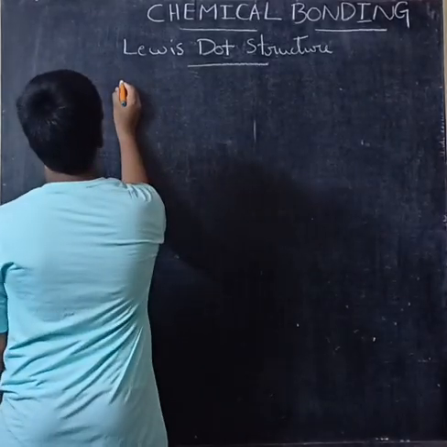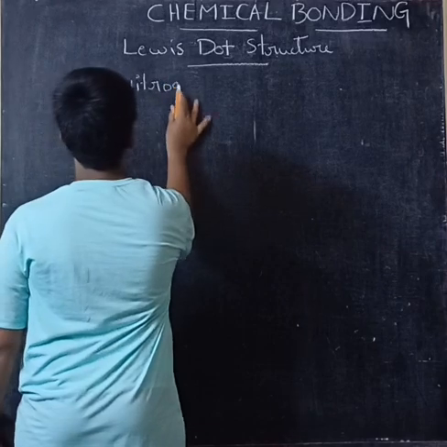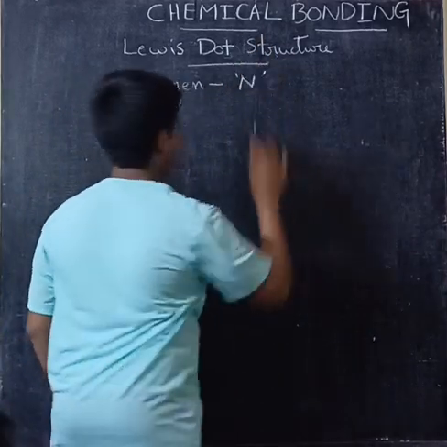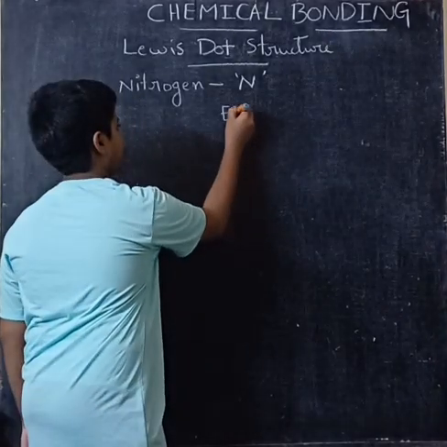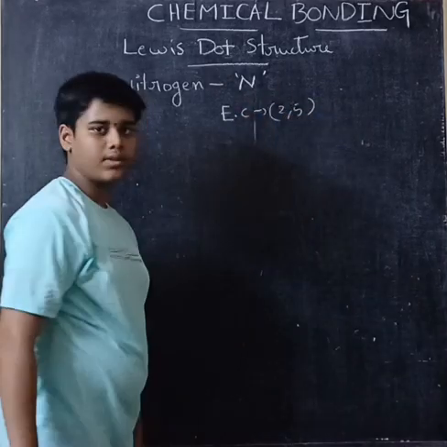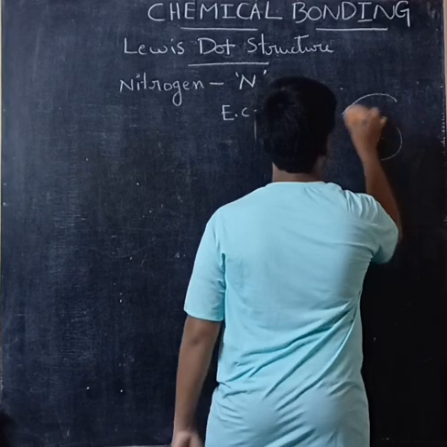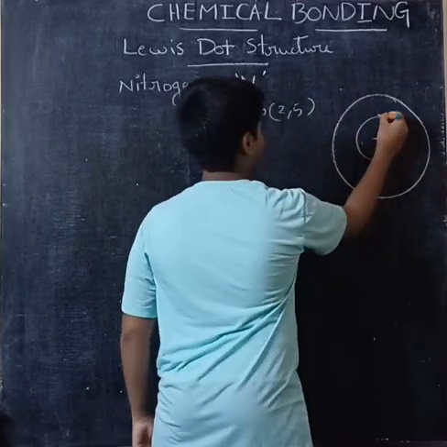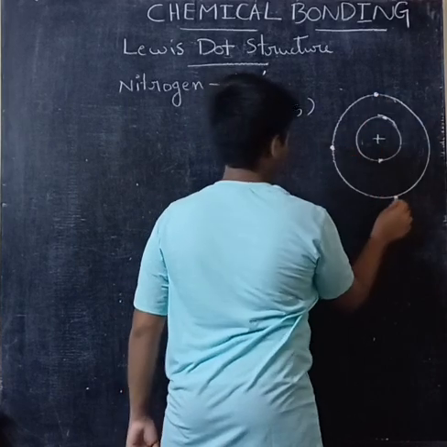For example, if I take nitrogen, nitrogen is N, and according to Bohr's theory, the electronic configuration of nitrogen is 2, 5. Okay, and if we represent it as an atom like this, in the first shell 2 electrons, in the next shell 5 electrons.